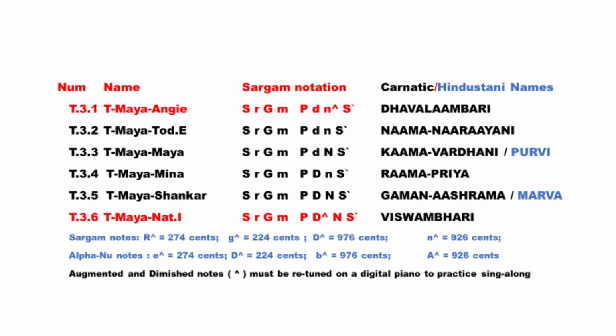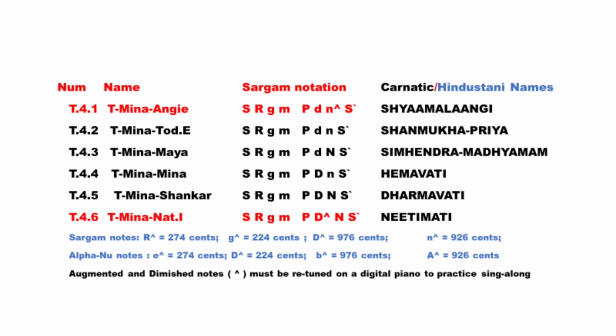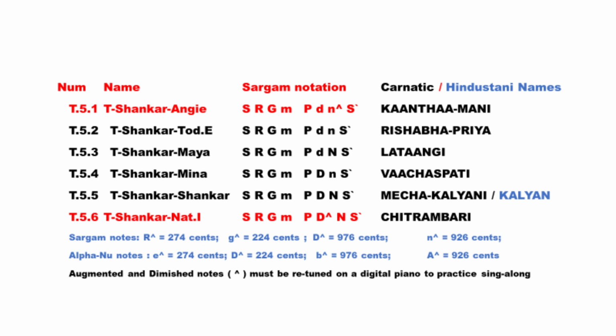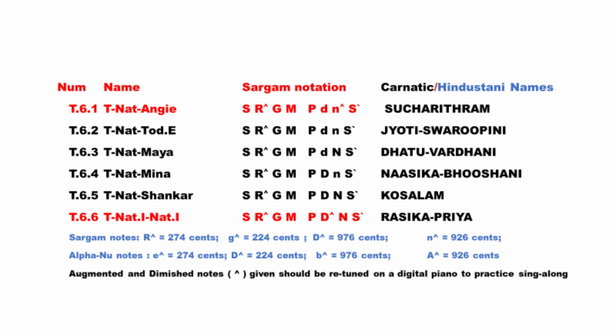T Maya Shankar, that is Gamanashrama in Carnatic, and Marva in Hindustani. Now, T Mina house, T Shankar house. T Shankar house has only one Hindustani scale called Kalyan, which is called Mecha Kalyani in Carnatic. T Shankar Shankar is the Lydian mode. Now for the T Natai house, no names in Hindustani music.